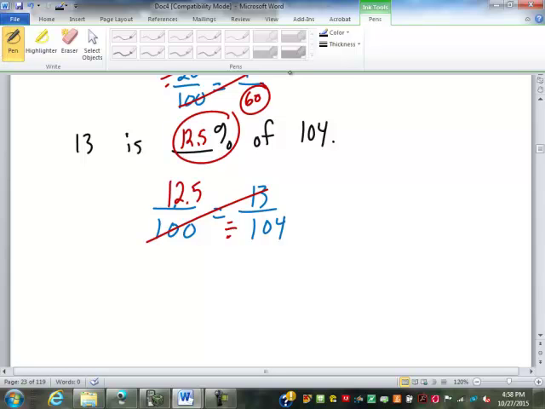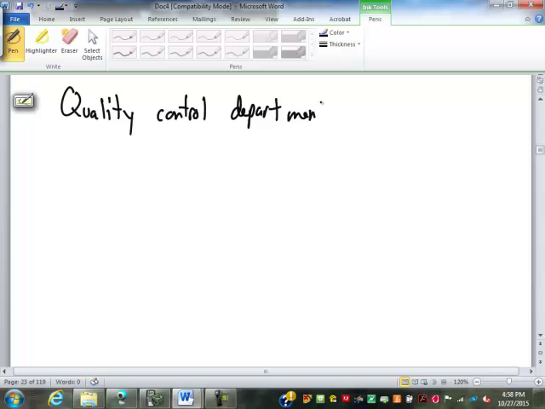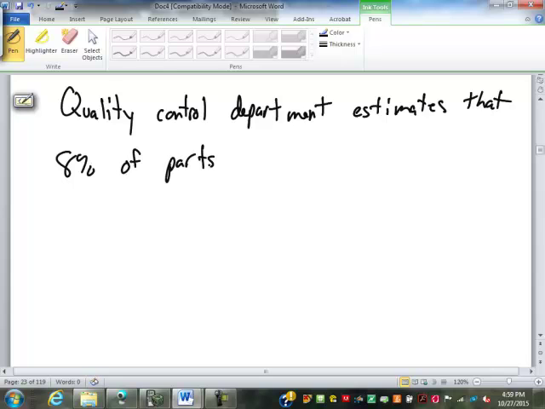Okay. So then, let's say that the quality control department estimates 8% of parts produced have a defect.